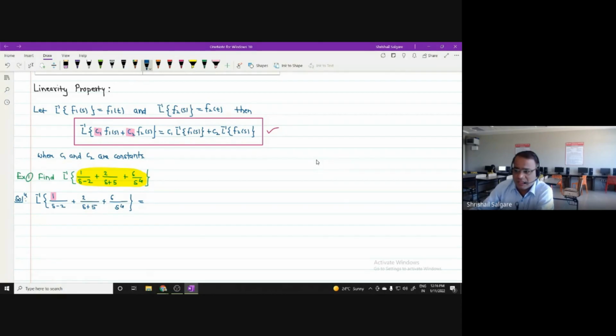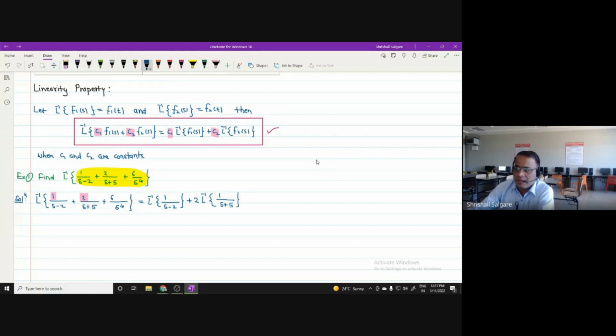So this is L inverse of 1 upon s minus 2. What is the second constant? In this case, the second constant is 2, so we can take it outside the operator. I am using the result like this only: C1 multiplied by something, C2 multiplied by something. So if you take that outside, the remaining is L inverse of 1 upon s plus 5.